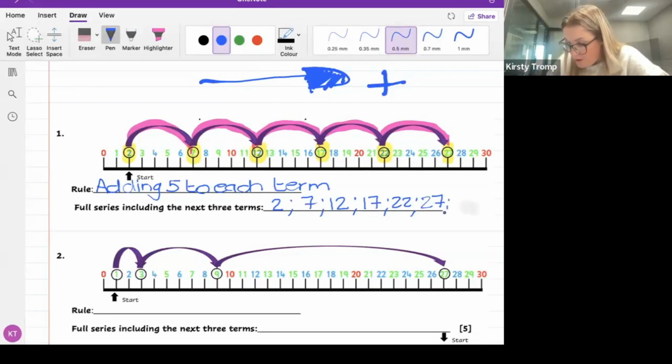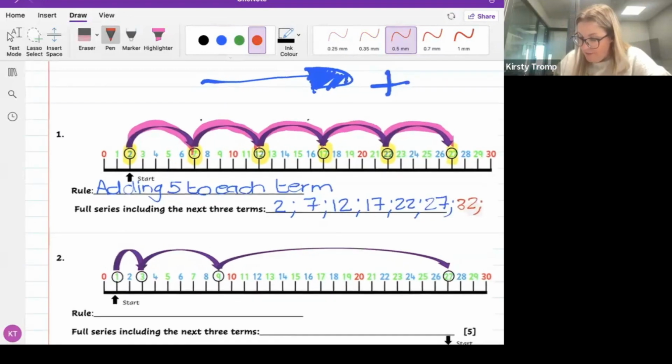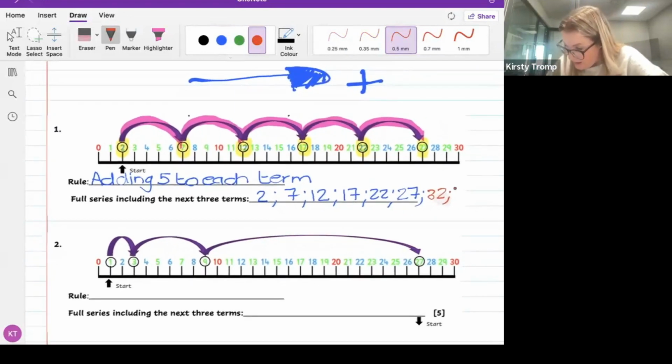I'm going to put my next 3 terms in a different color for you. If I add 5 to 27, I'm going to get 32. If I add 5 to that, I'm going to get 37. And if I add 5 to that, I'm going to get 42.